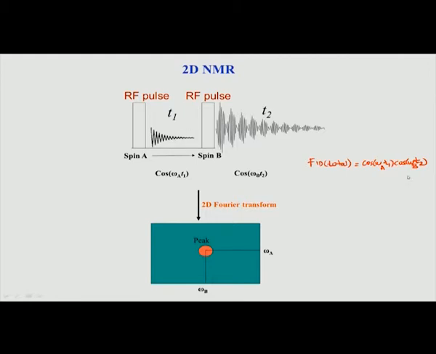That means if I have a unique frequency A in the molecule and a unique frequency B, and those two are connected by J coupling, only because of that we get this. So when I do a Fourier transform, this peak will be unique to those two atoms, because those two atoms have a very distinct chemical shift.